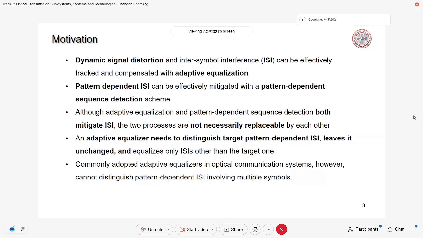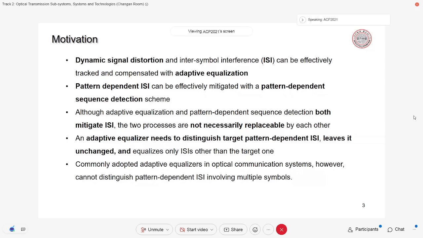At that time, the pattern dependency was only utilized by the MLC part. And there was some problem in the adaptive equalization, which was not resolved. As I will show you, it's basically the ISI pattern dependency is a feature we want to utilize.